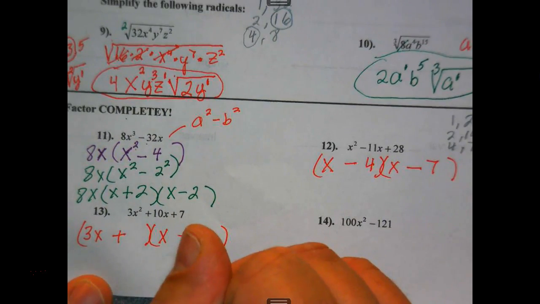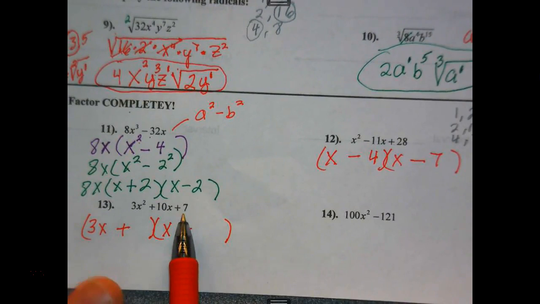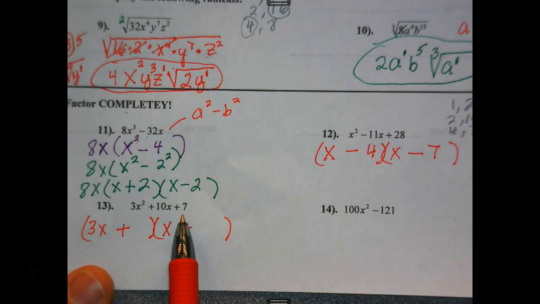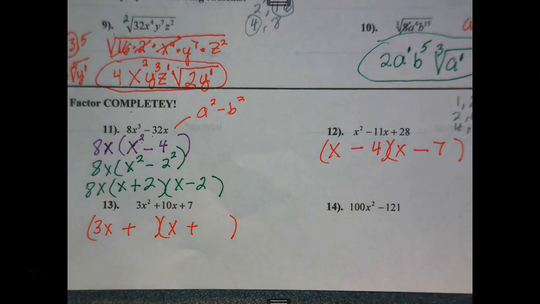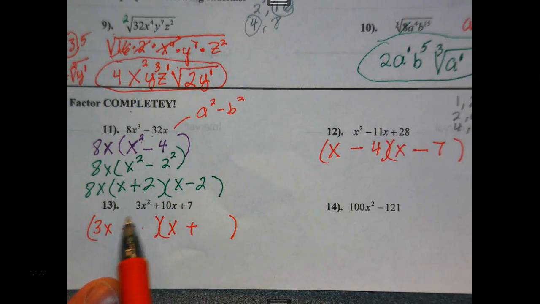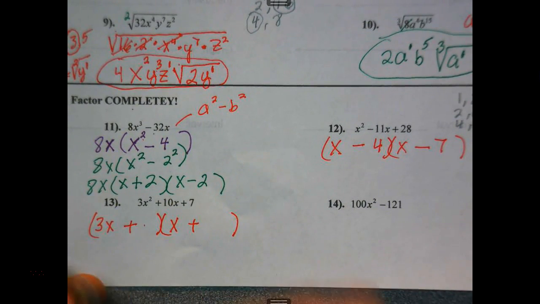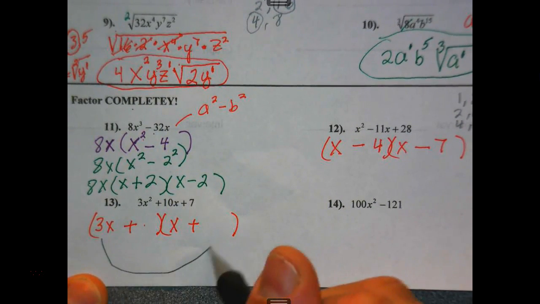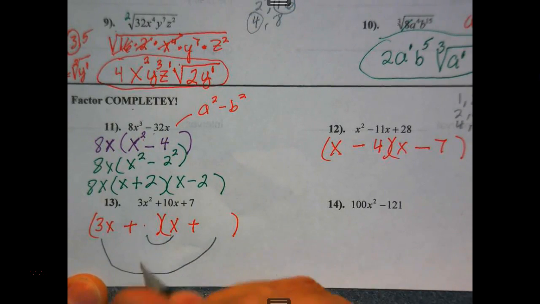Plus, plus, and then the 7, there's only one way to multiply two factors together to get 7, and that's 1 and 7. Problem is, does the 7 go here or the 1 go there? Remember, one of them is going to be multiplied by 3, and we're going to add those together.